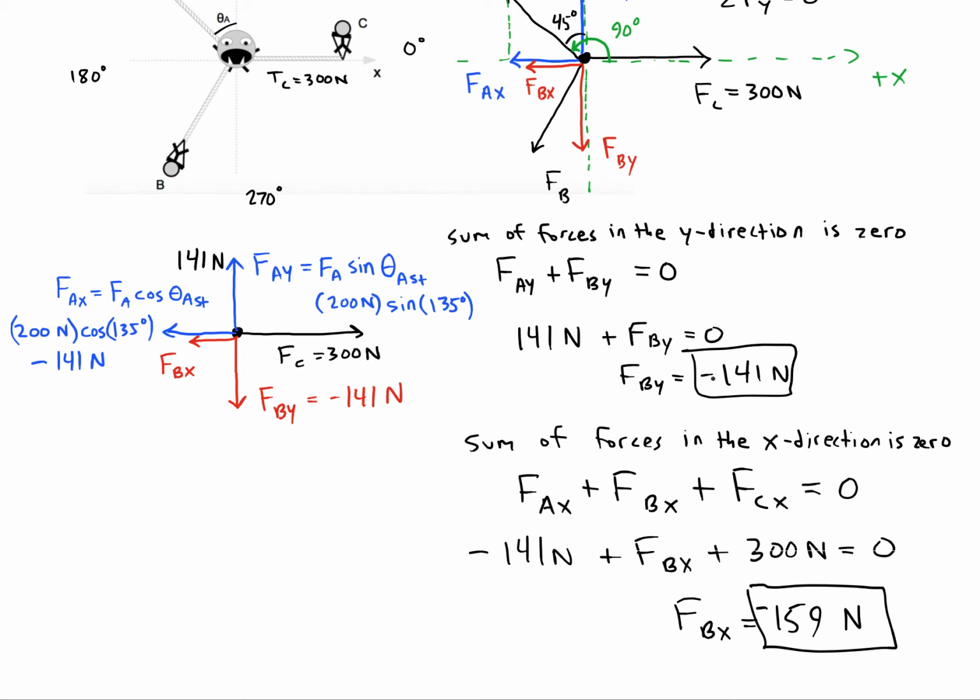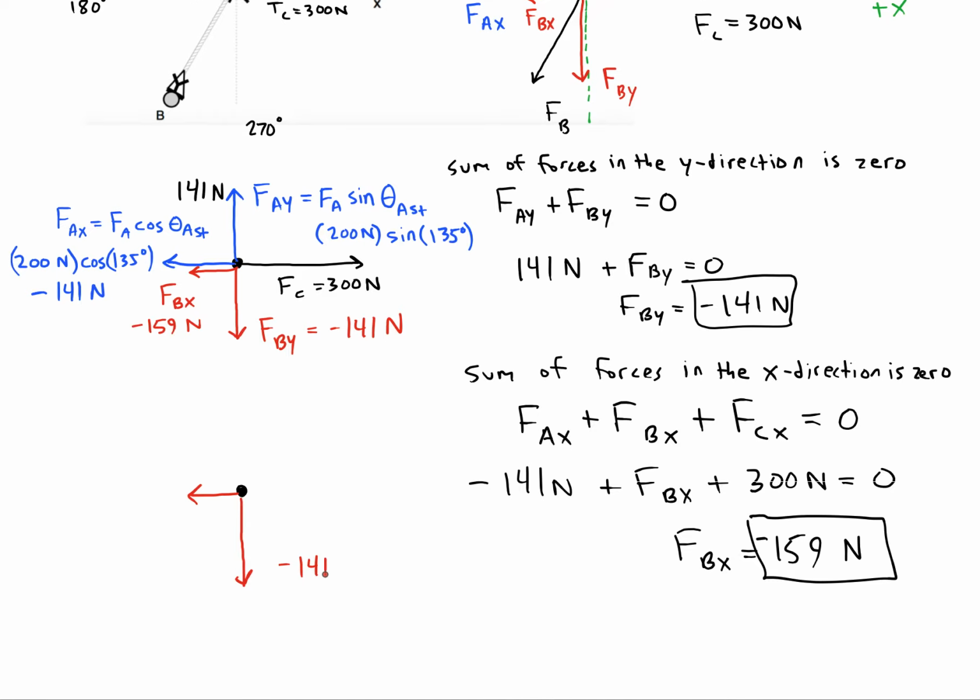Alright, so now we have the y component of Fb and the x component. And we can put them together now and reconstruct what Fb is. So we have negative 141 newtons, negative 159 newtons. So they will combine to make a single vector Fb. And it should be that it makes a rectangle.